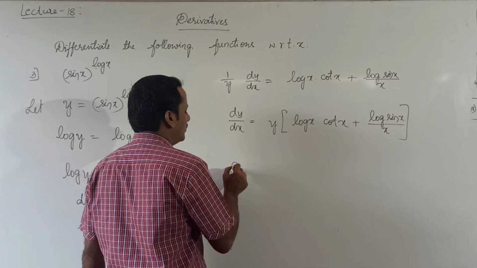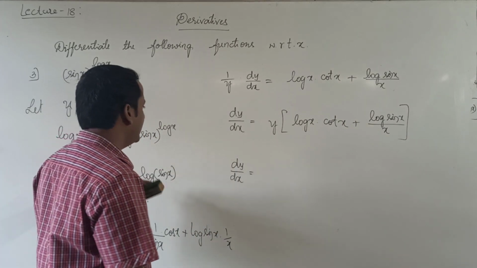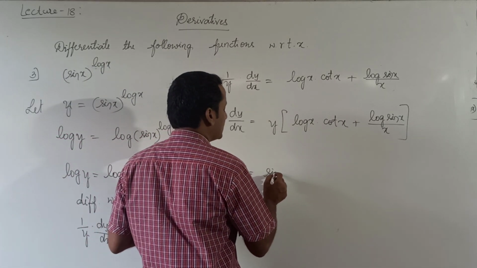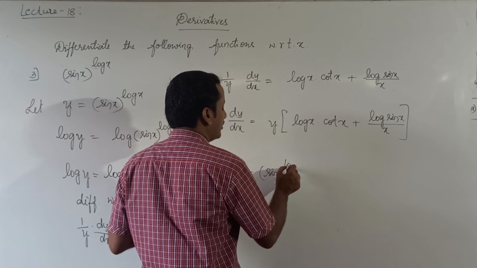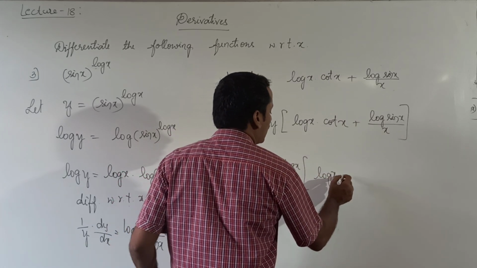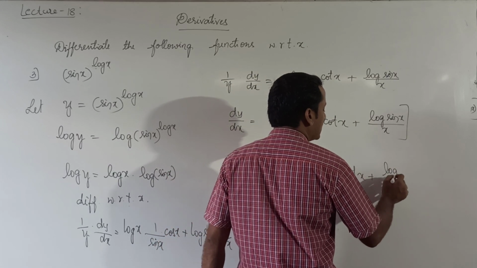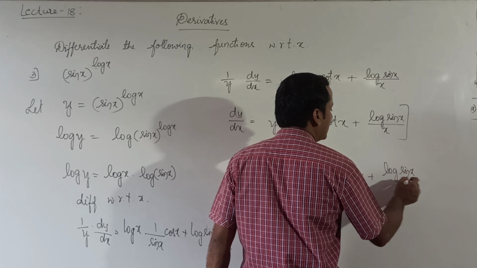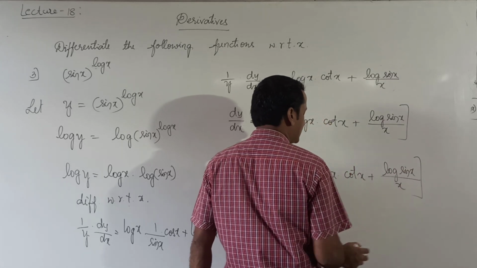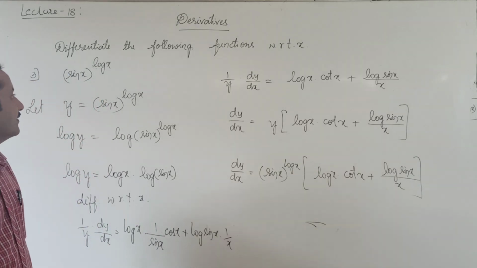Y is sin x to the power log x, so dy by dx is equal to sin x to the power log x into log x into cot x plus log sin x divided by x. This is the derivative.